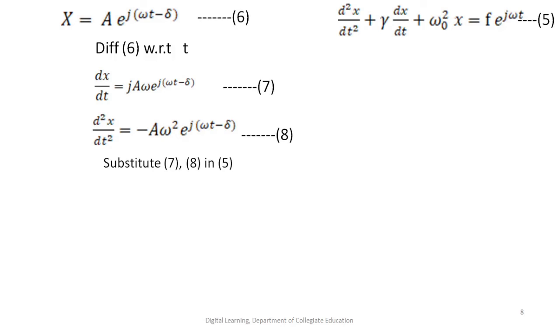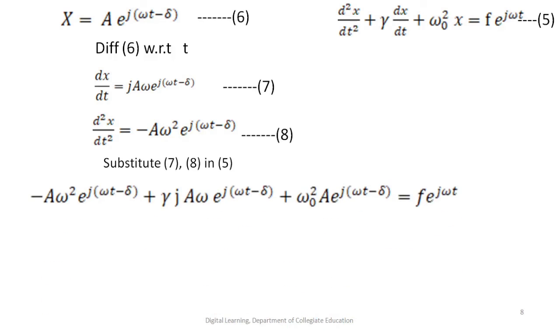Substituting equation 7 and 8 in equation 5, the second order differential equation, we get: minus a into omega square e power j omega t minus delta in place of d square x by dt square, plus nu into dx by dt, which is j a omega e power j omega t minus delta, substituted that, plus omega naught square into x, which is a into e power j omega t minus delta, is equal to f into e power j omega t.